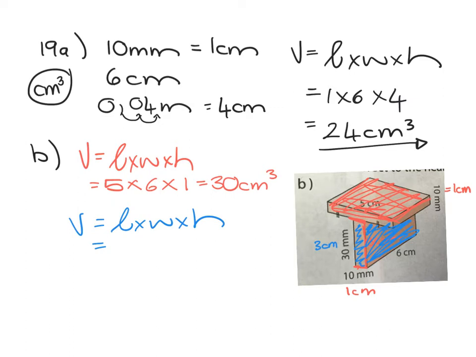So it's a 6 by 1 by 3. Just need to check that I'm not... And then in the end, I go and I plus the two together.